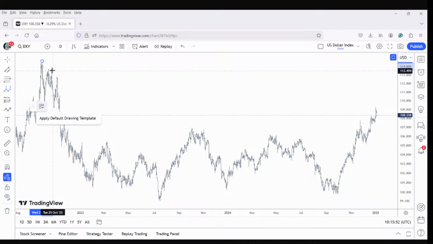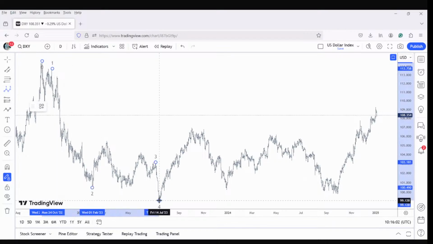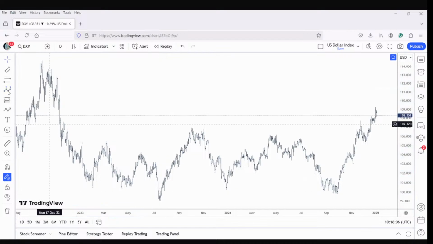Wave three, triangle wave four, and thrust wave five. I think one count was missed because of the toolbar. I'm redoing it.